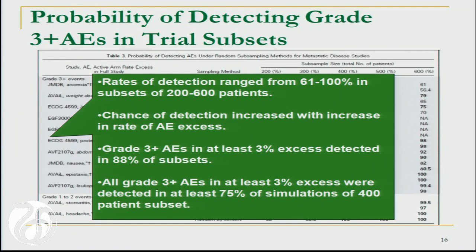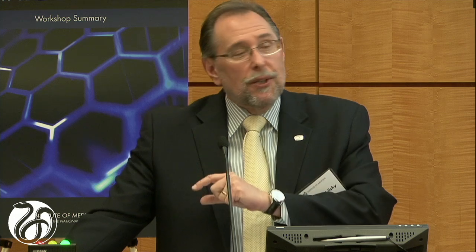The chance of detecting an excess in the frequency of an adverse event increased with the rate of the adverse event excess. So, if it was an adverse event that occurred in 2% higher frequency in the treatment arm compared to the control arm versus 3% versus 4%, and so on. Obviously, the more frequent it was, the greater was your chance of detecting it, even in a smaller subset.